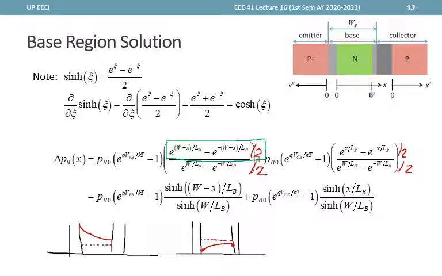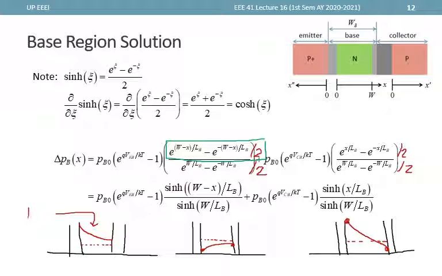But say it is in forward active, such that one side, the base-emitter side, is forward biased and the collector side is reverse biased, then we'll expect something like this. Although these plots right here are the actual PB. So the excess is this plot right here, or this area right here.